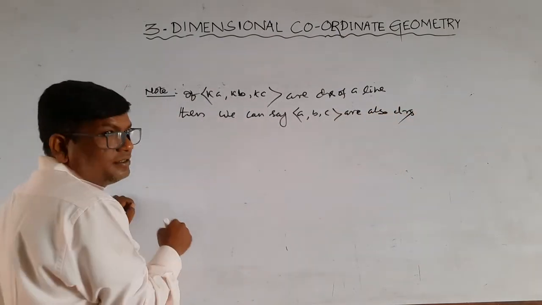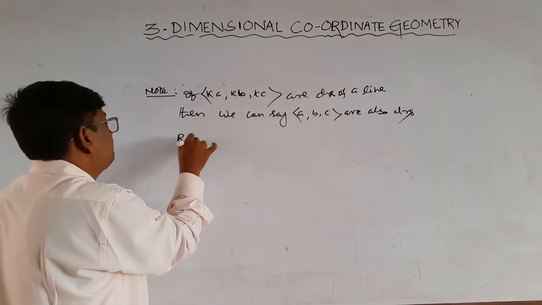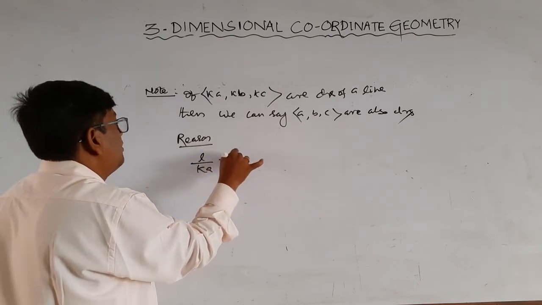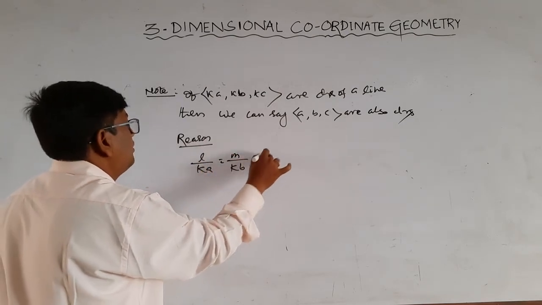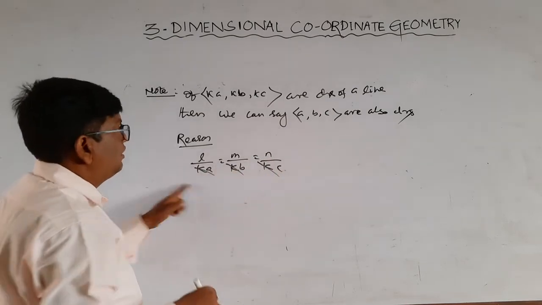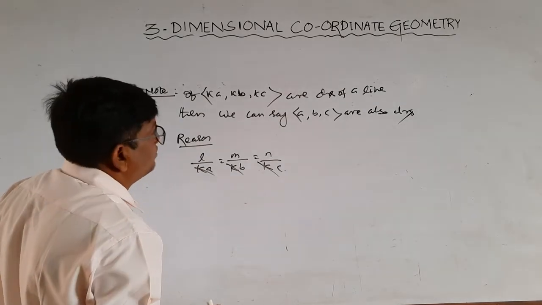The reason is, we know the ratio is l by ka, m by kb, n by kc. So k gets cancelled, remaining a, b, c. So a, b, c are also DRs.